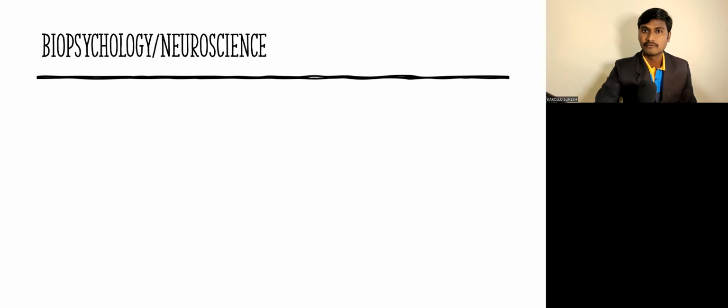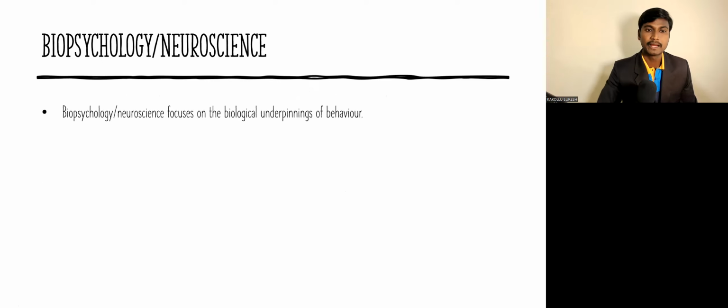Now we are going to the very next subfield of psychology, which is biopsychology or neuroscience. Biopsychology or neuroscience focuses on the biological underpinnings of behavior. Biopsychologists examine how brain processes, genes, and hormones influence our actions, thoughts, and feelings.